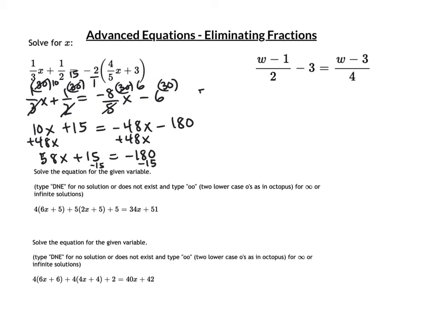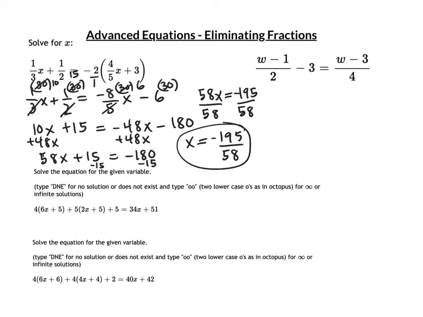So we got 58x equals negative 195, which is going to be a messy answer. Divide by 58. And the question is, does this simplify? I think that is your answer, negative 195 over 58.